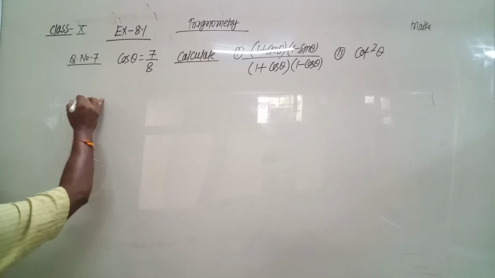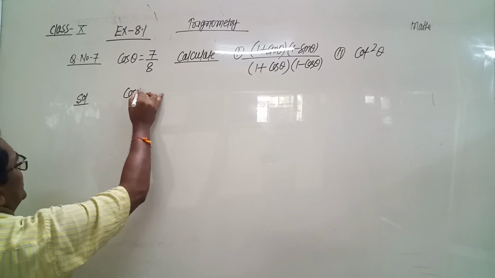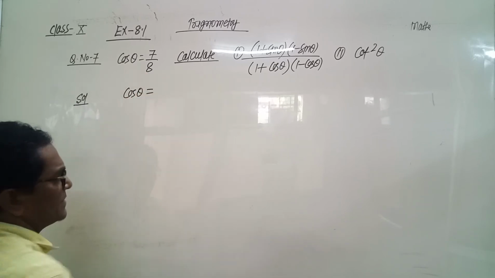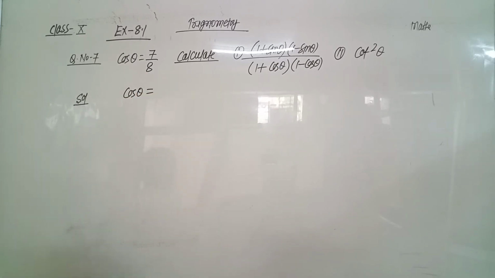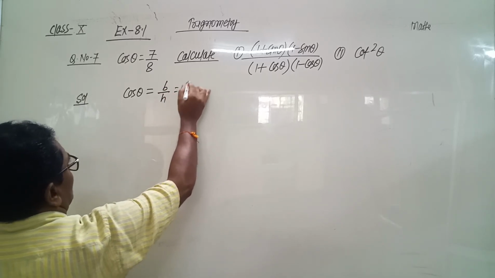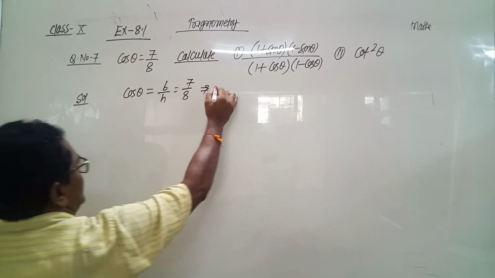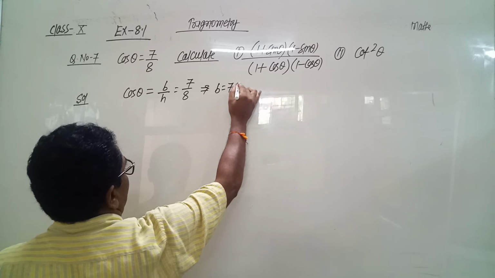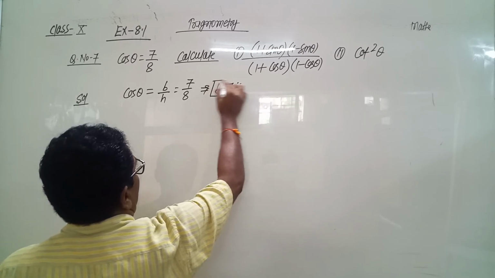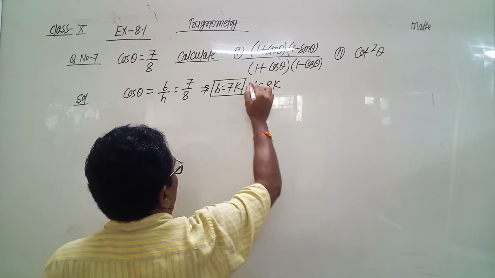So firstly we draw a right triangle. We are given cos theta equals 7 by 8. And we know that the formula for cos theta is base upon hypotenuse, b upon h. So 7 by 8, we can conclude that base equals 7k and hypotenuse equals 8k.